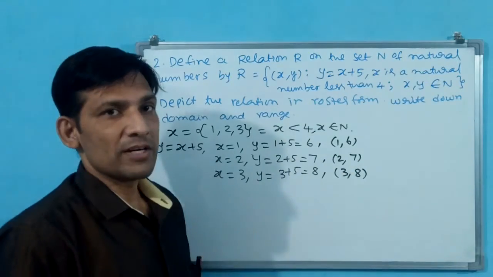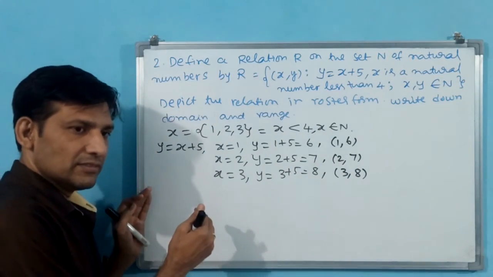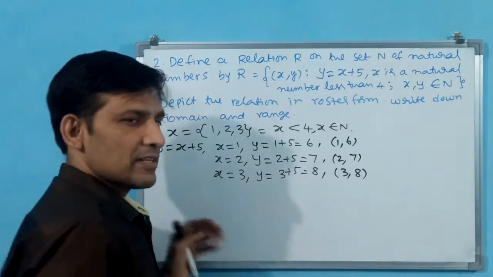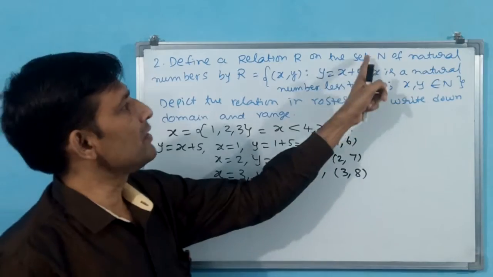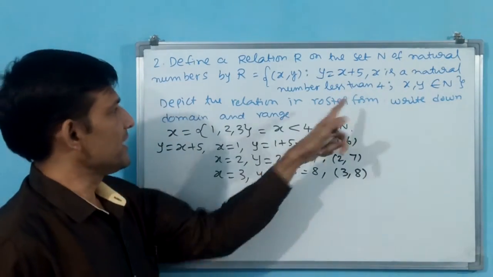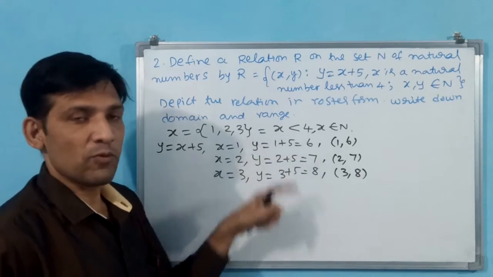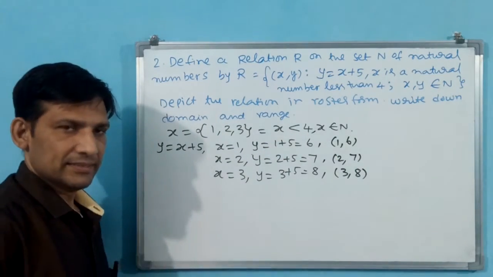For y there is no control, but based on x, the y value is coming. Y is also a natural number, but there is no control. For x they have given x should be less than 4, that means they are controlling x. These are the sets.